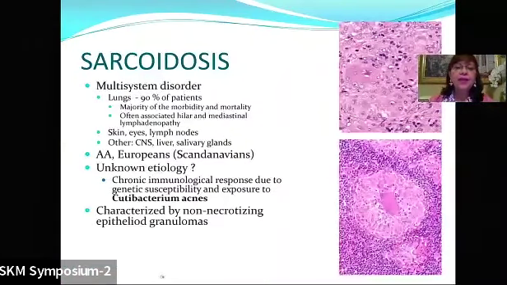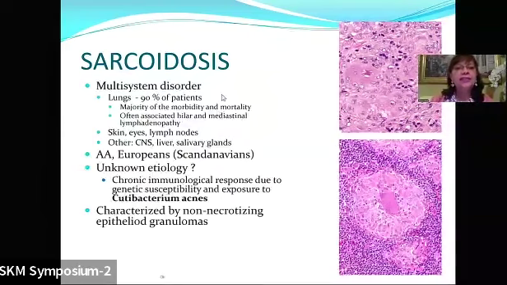So when we have these non-necrotizing granulomas that are negative with the usual granuloma markers, acid-fast, PAS, GMS stains, as well as some of the cultures, you have to think about sarcoidosis.